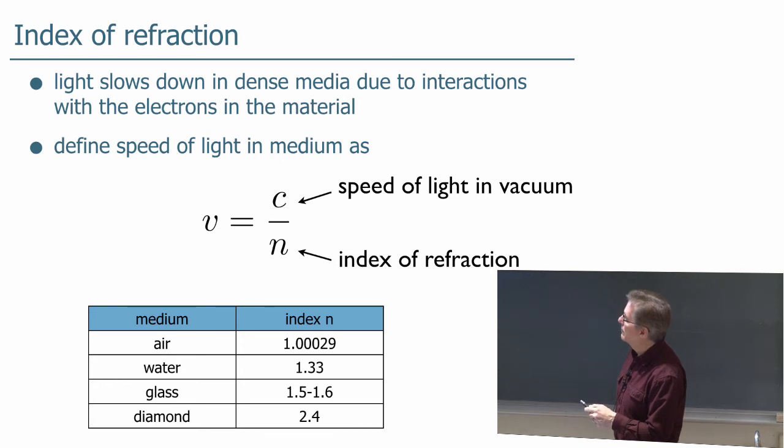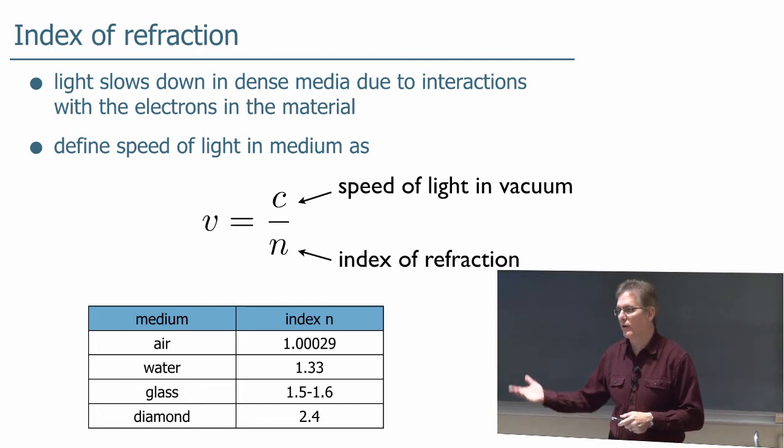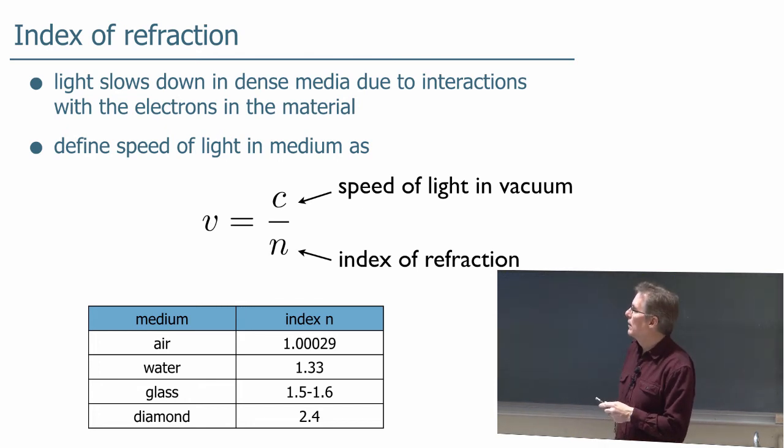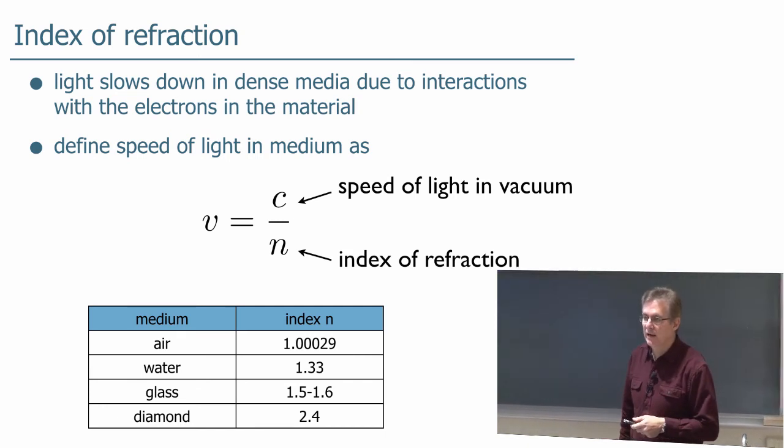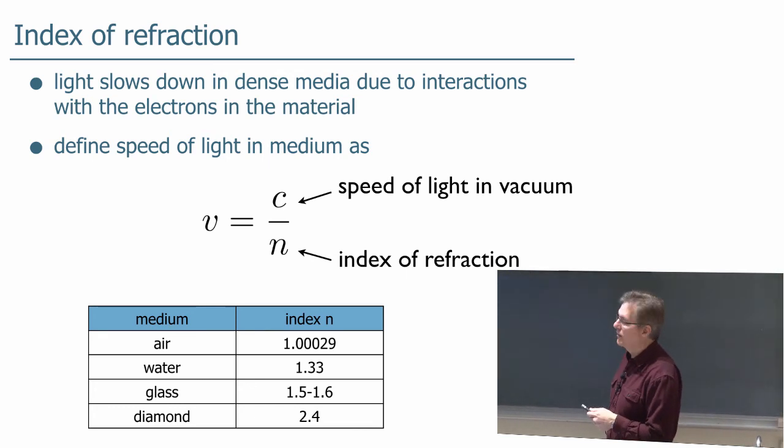For air, the index of refraction, n, is 1.0029, very, very close to 1. For water, it's about 1.33. Glass, depending on the type of glass, can vary from 1.5 to 1.6, around in there. Plastic, like the polycarbonate used in most eyeglasses now, has an even higher index, 1.7 something, I believe.